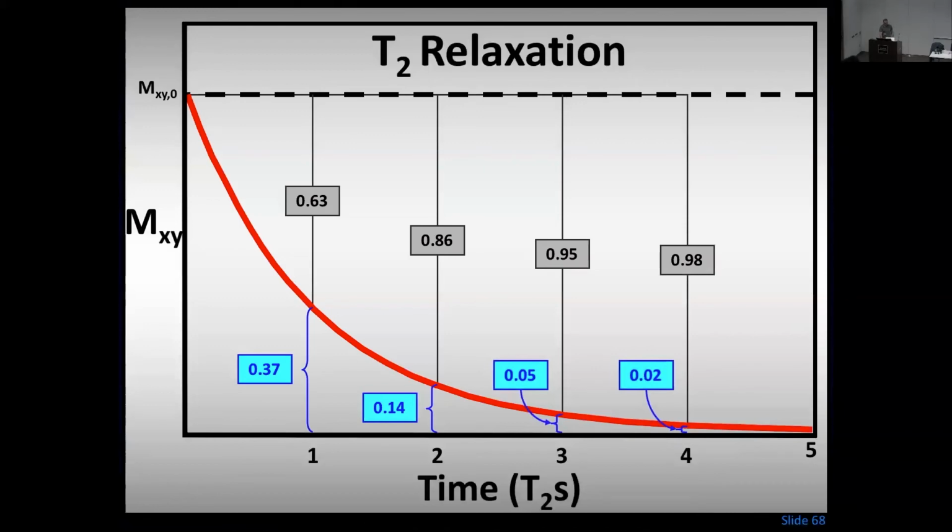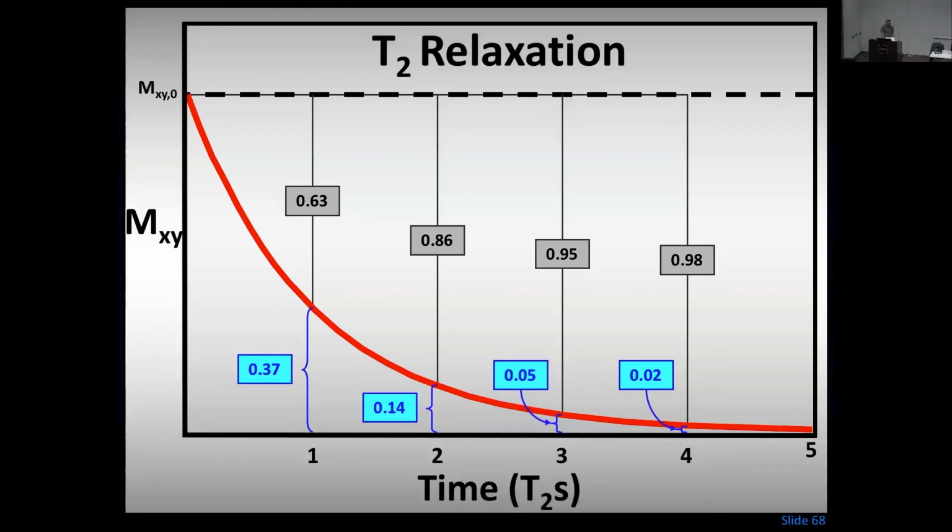One of the things to notice about T2 relaxation is that as time goes on, we lose more and more signal. Once we've gotten to 3 relaxation times, we've lost 95% of our signal. Once we've gotten to 4 relaxation times, we've lost 98% of our signal. Remember that for T1, it was the opposite, right? For T1, when we had 3 T1 times, we had gained 95% of our signal, and when we had 4 T1s, we had gained 98% of our signal.